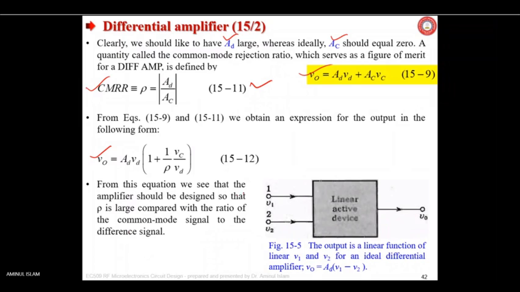So from this equation you can see that the amplifier should be designed so that rho is large compared with the ratio of the common mode signal to the difference signal. Common mode signal to the difference signal ratio should be less than this one. Rho should be very large.